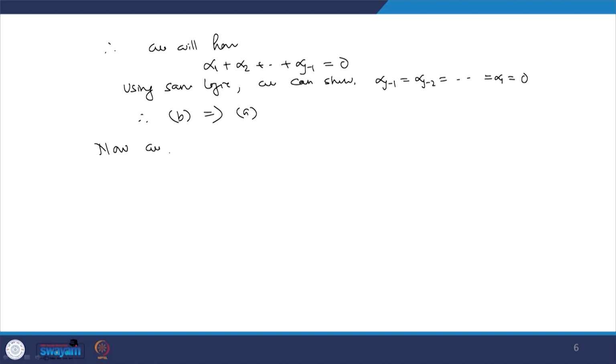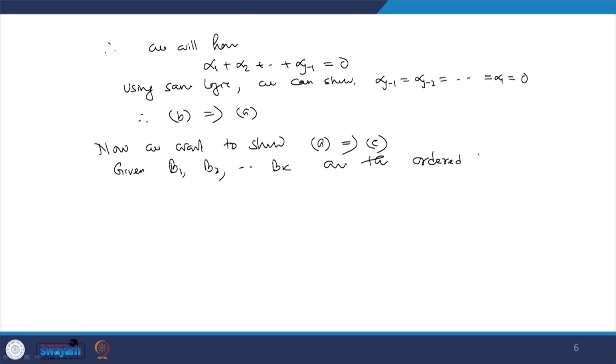Now, we want to show A implies C, A implies the statement C. Given B1, B2, ... Bk are the ordered bases of W1, W2, ... Wk respectively.